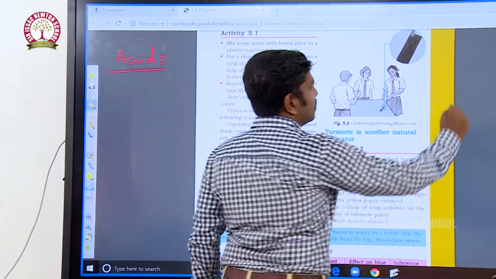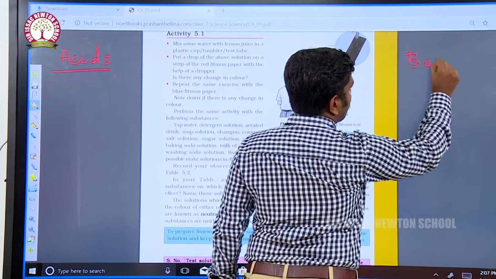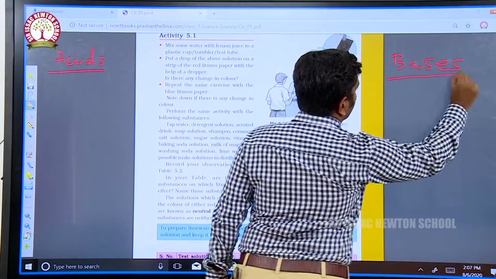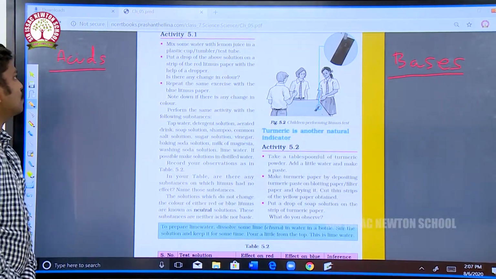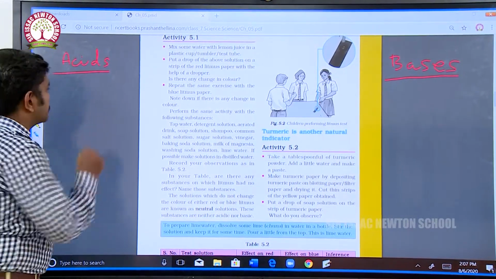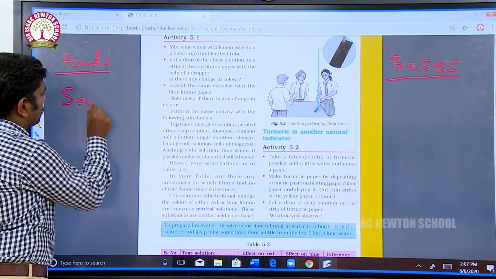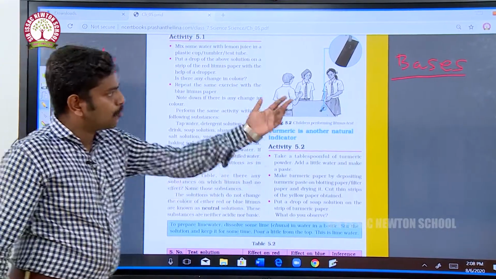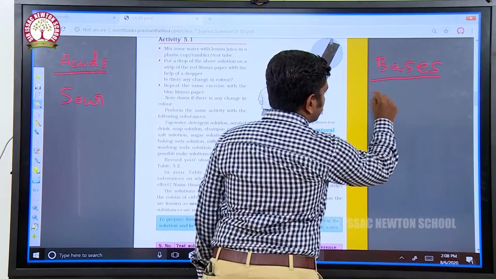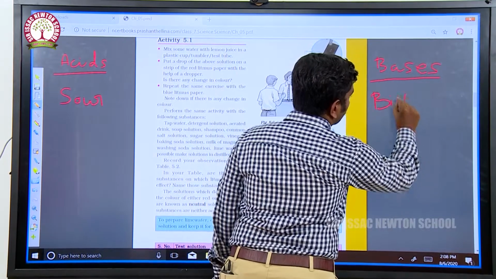Acids and bases. Acids are sour in taste. And what about bases? They are bitter in taste.